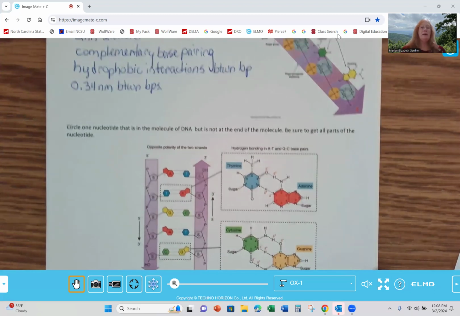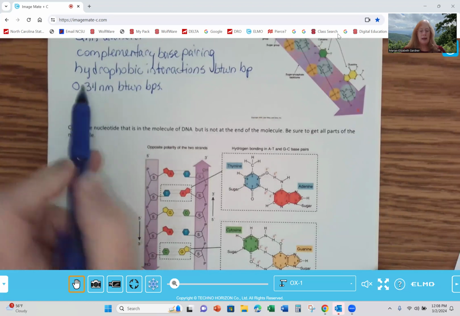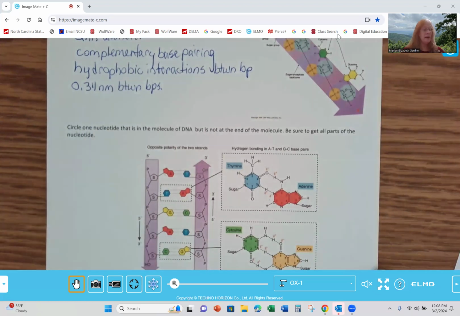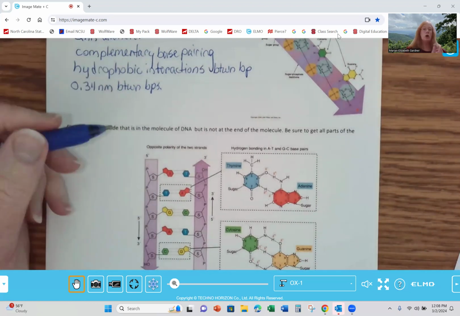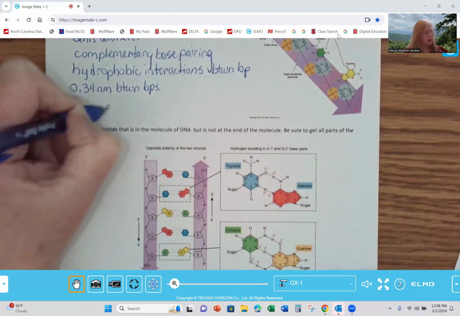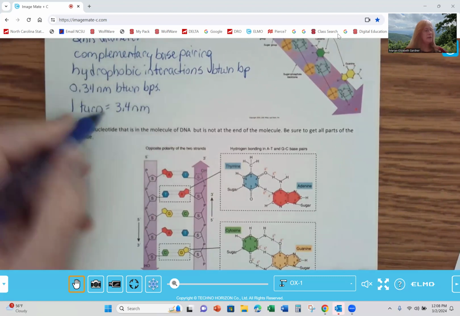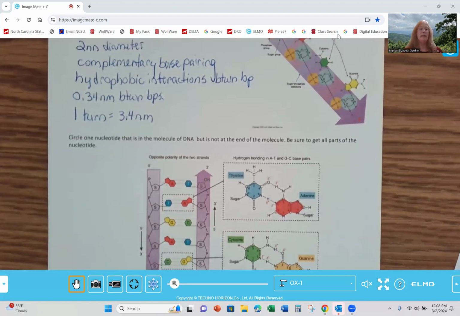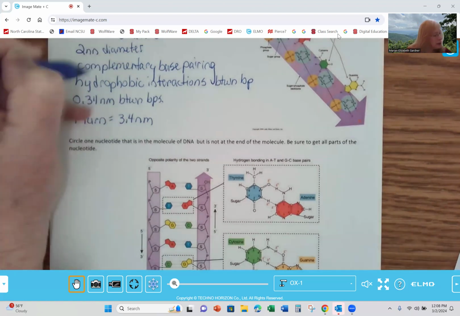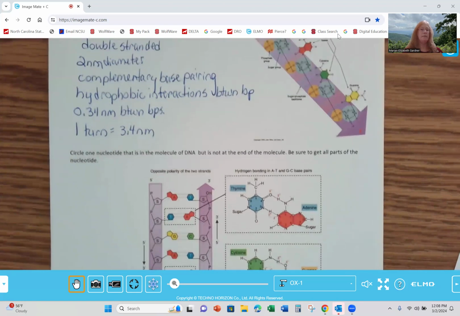And that is another number that Wilkins and Franklin came up with. And one turn of the helix is 3.4 nanometers. This is the third number that Franklin and Wilkins came up with. So they came up with 2 nanometers, 0.34, and 3.4.